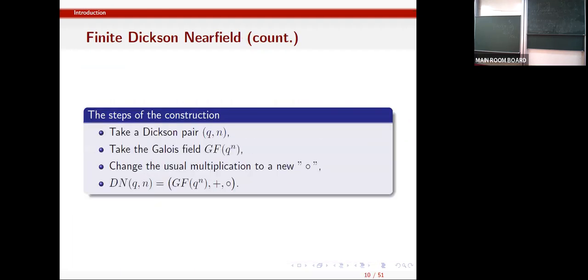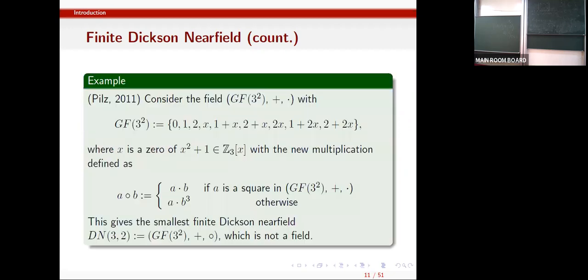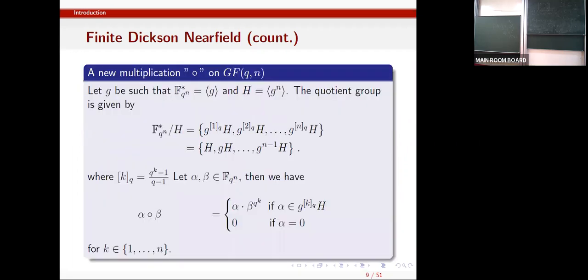First, we take a Dickson pair, (q, n). And then we take the Galois field of order q to the power n. We change the usual multiplication that we use for the Galois field to become a new multiplication. So how do we define this new multiplication? Here, this is how we define the new multiplication, from this coset representation.